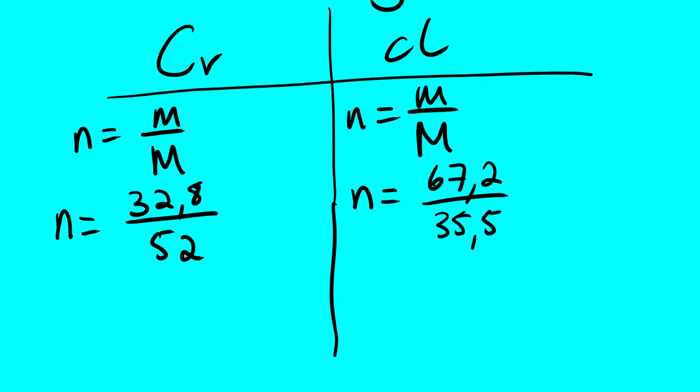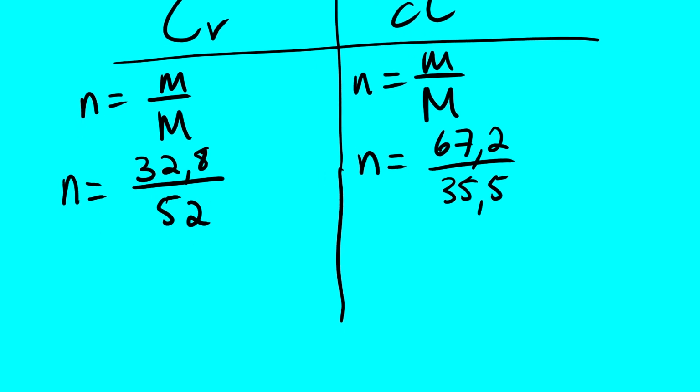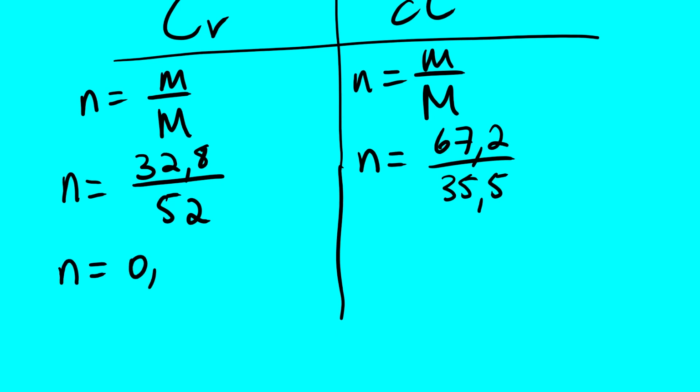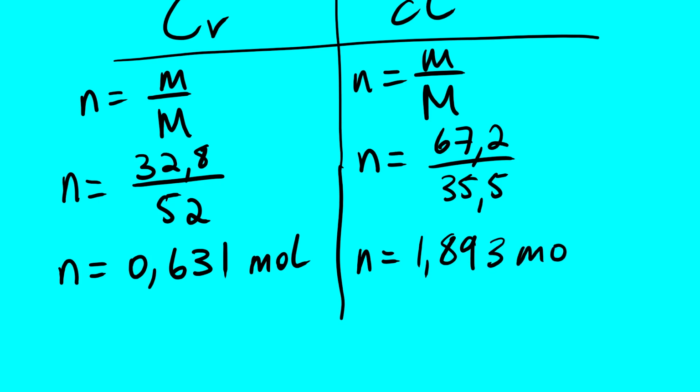Now let us quickly punch this. 32.8 divided by 52. The answer should give you 0.631 mole. Then for this one, the answer should give you 1.893 mole.